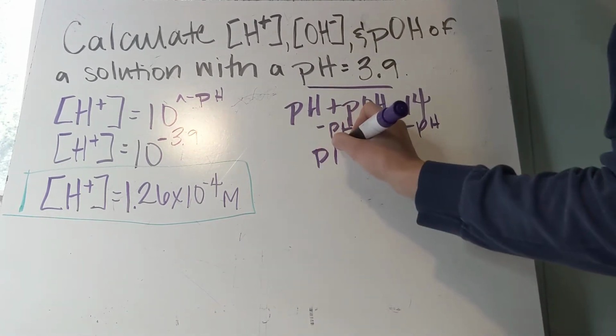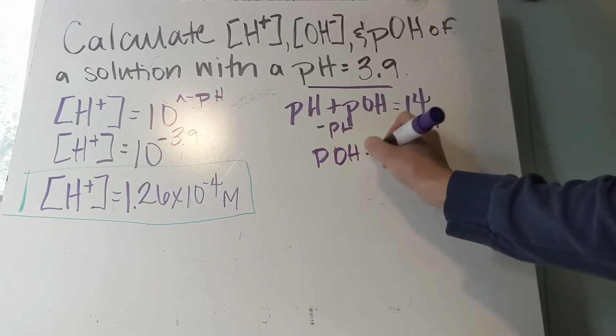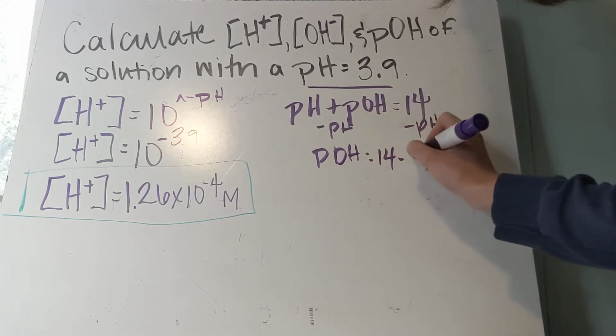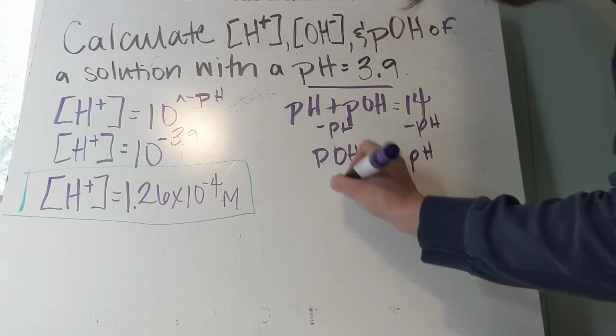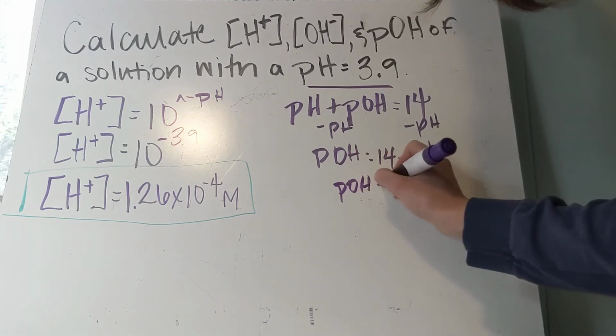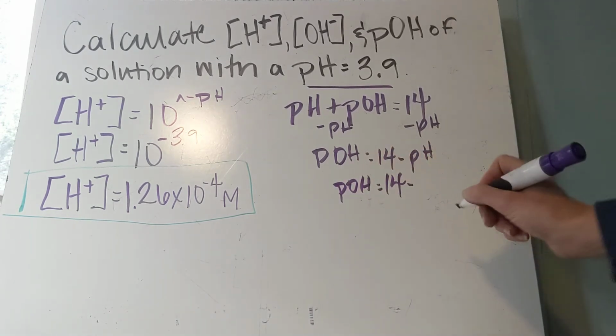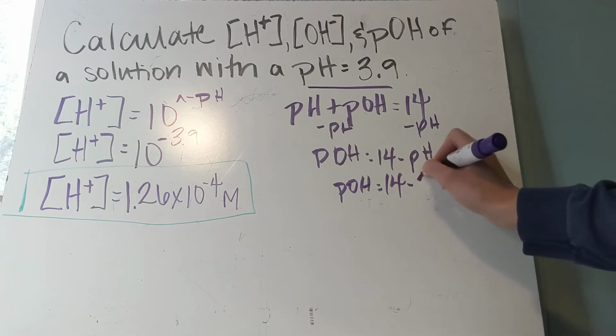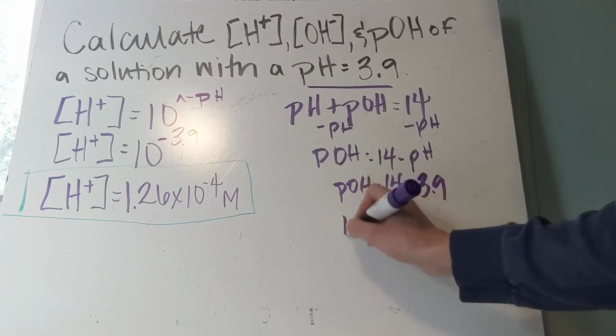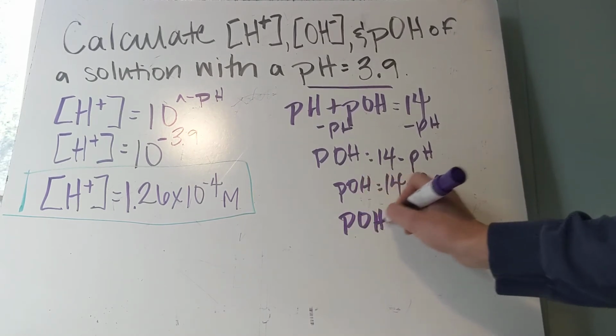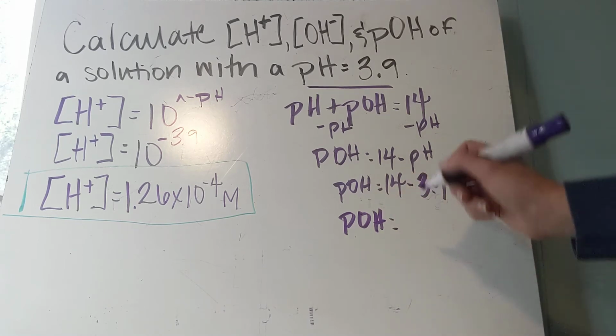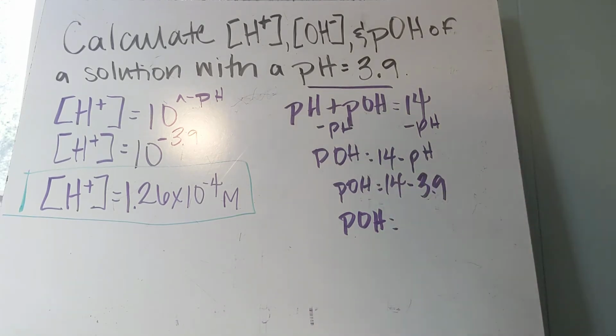I'm going to get pOH is equal to 14 minus the pH. So I get 14 minus 3.9. So I get that the pOH is equal to, I think that's going to be 10.1 unless I'm really bad at math.